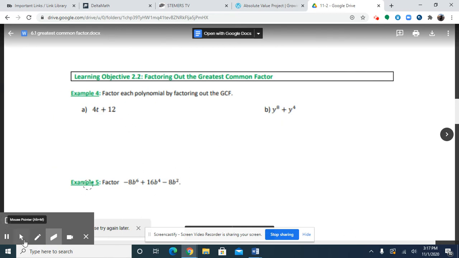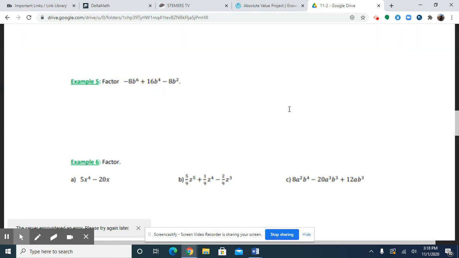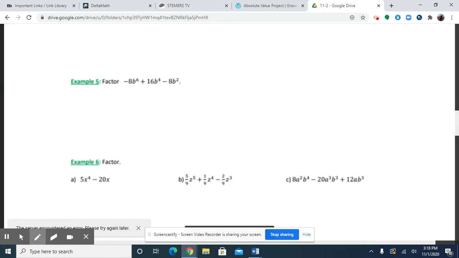So now moving on to one that's a little bit longer. In example 5, we have negative 8b to the 6th plus 16b to the 4th minus 8b squared. So our common factor here, we could take out that negative, and our common factor here is 8, and then from the exponent side would be b squared.